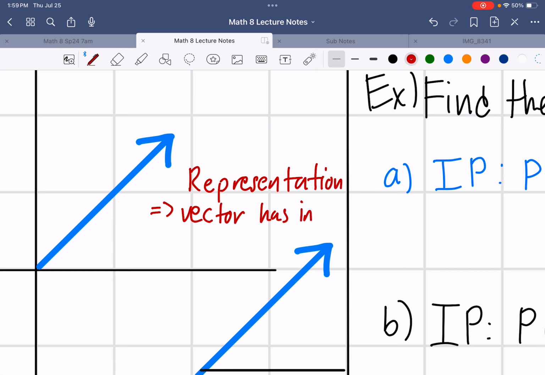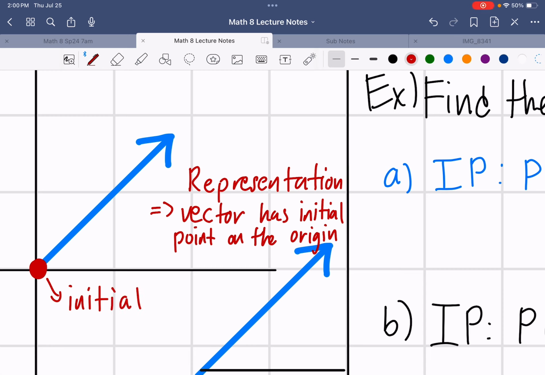So the representation vector has its initial point on the origin. So here, this is my initial point, right? Because if direction is important, we have to know if this was pointing in this direction versus pointing in that upward direction.